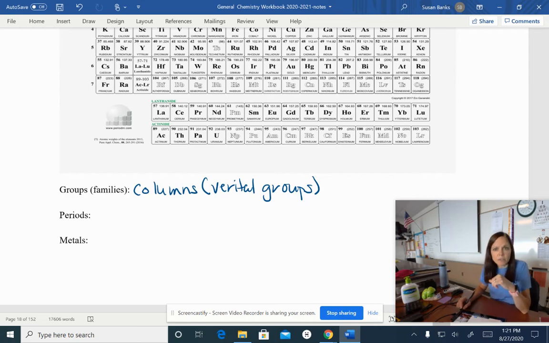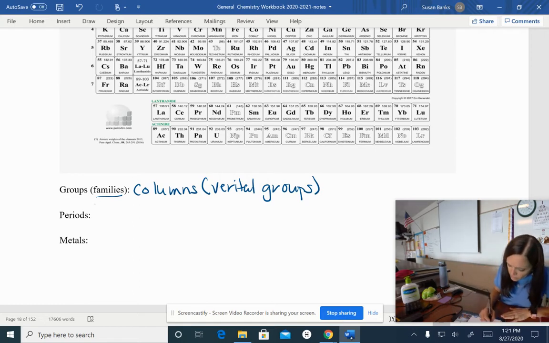I don't know about you, but when I compare myself to the people in my family, I look similar. I have very similar personality. And that's why back in the day, we used to call them families, because these elements are all very similar to each other. Periods, on the other hand, are the horizontal rows.